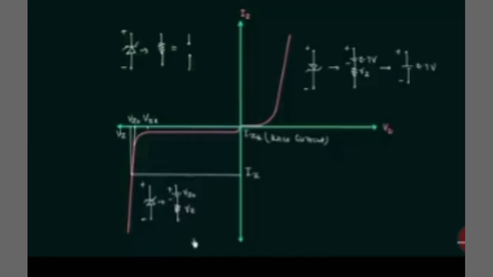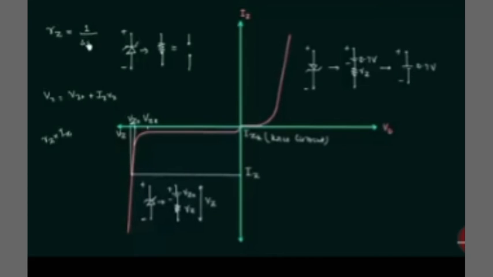Vz is simply equal to Vz naught plus this voltage, and this voltage is equal to Rz multiplied by Iz, the resistance of the Zener diode and the current flowing through the diode. So we have Vz equals Vz naught plus Iz Rz, and if you want to calculate the value of Rz, that is equal to 1 by the slope of this curve, and we can easily obtain the Zener voltage.